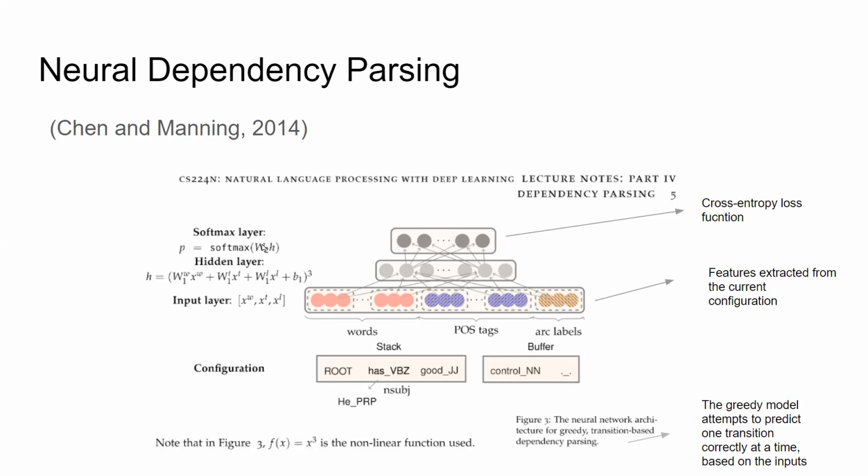Do you remember we have a set of actions, right? A softmax function is like a logistic function extended to multi-dimensional space. So what the softmax function does here is tell me the probabilities of choosing the three actions.